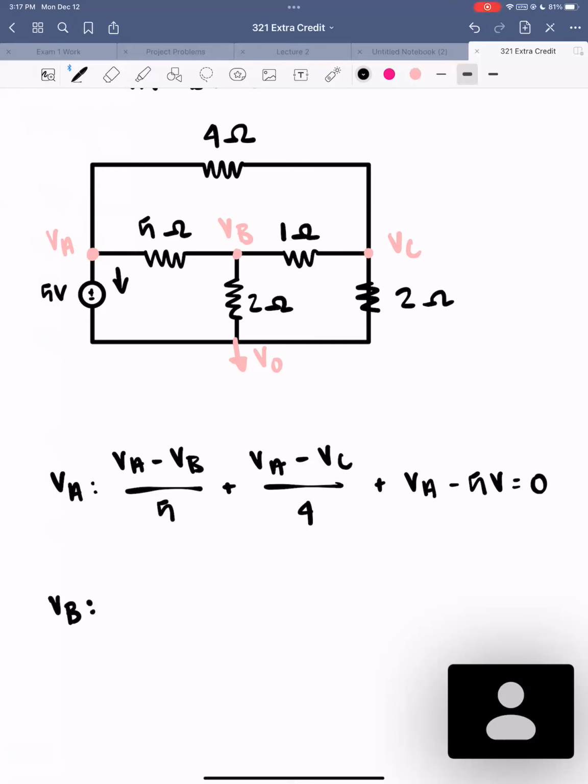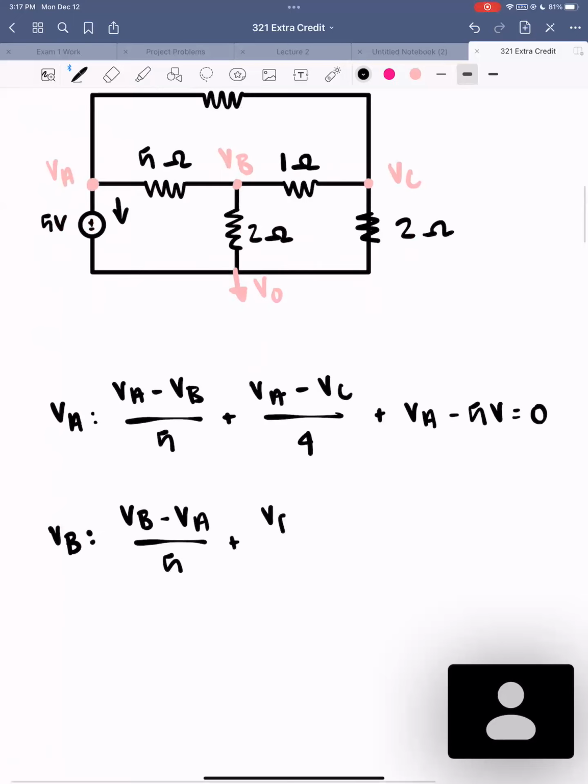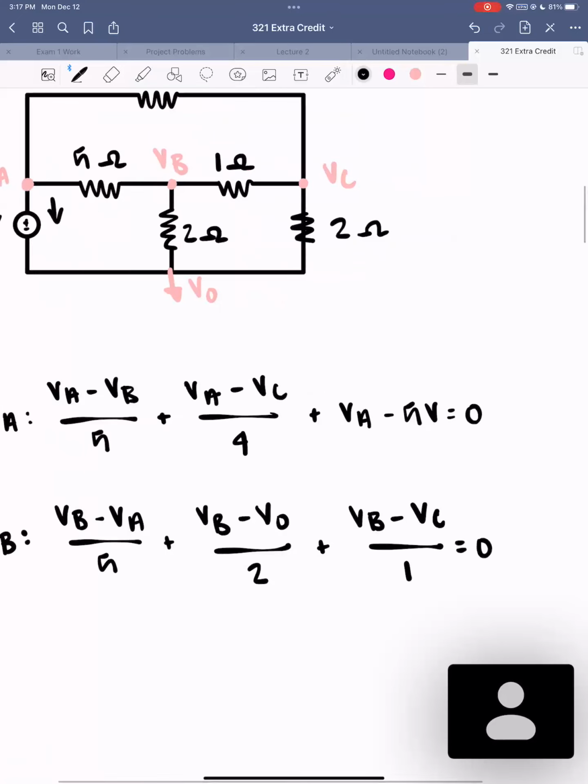Okay, let's go to VB. We have 3 branches of VB. We have 1, 2, and 3. So we'll do VB to VA first. So VB minus VA all over 5 ohms plus VB minus V out, which is our ground, all over 2 ohms plus VB minus VC all over 1 ohm, which is all equal to 0.